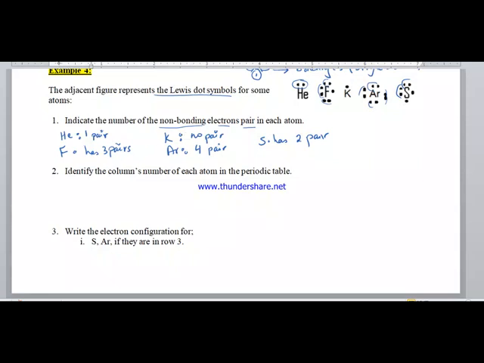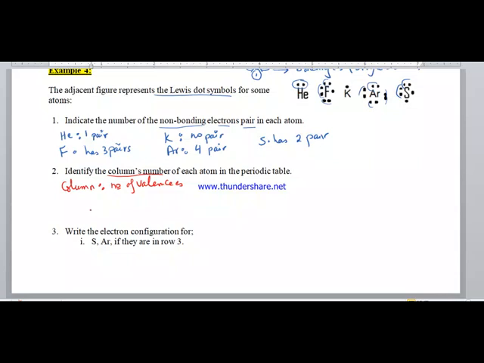The second part identifies the column number. As we take the definition, the column depends on the number of valence electrons. The Lewis dot symbol represents the valence electrons in the atom.